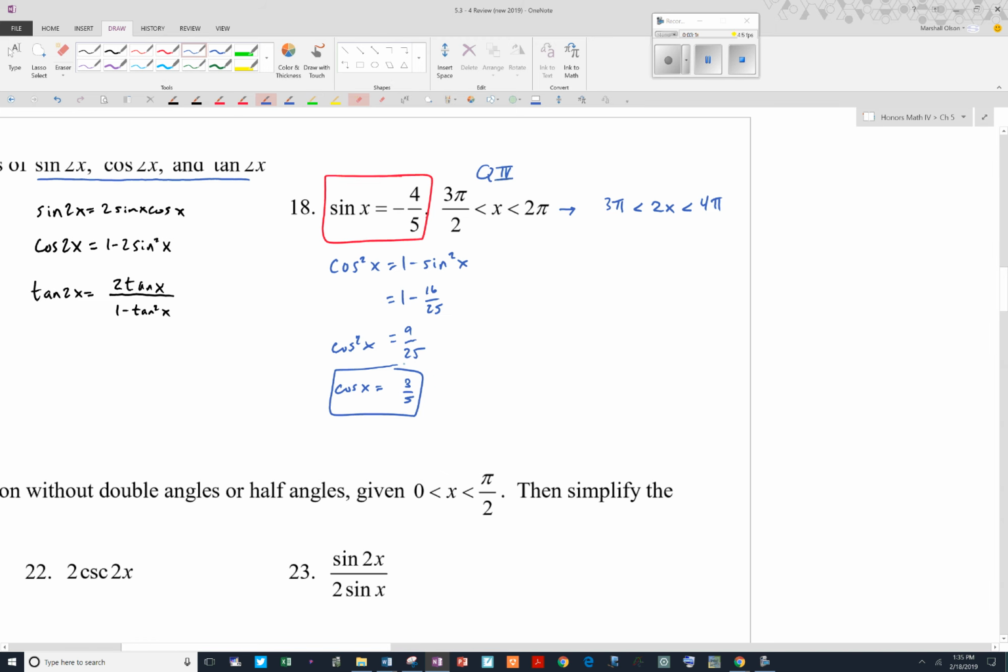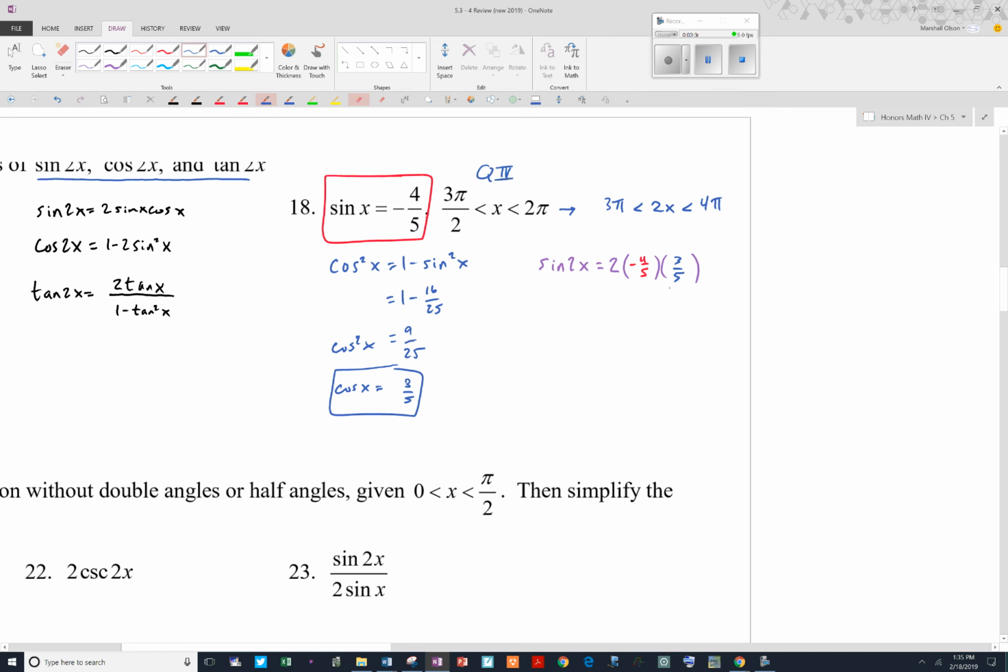So I can find sine of 2x by taking 2 times the sine of x times the cosine of x. Well, I have both of those. That would be 2 times negative 4/5 times the positive 3/5.